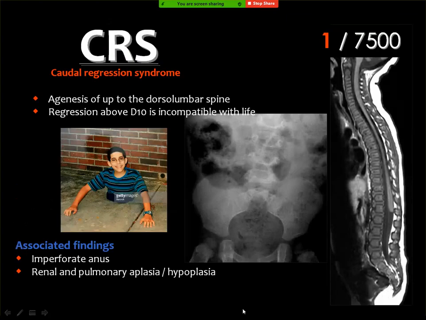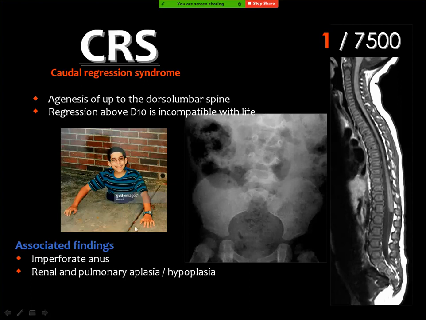Then agenesis of the vertebrae can extend to the level of D10, and above this level is incompatible with life.